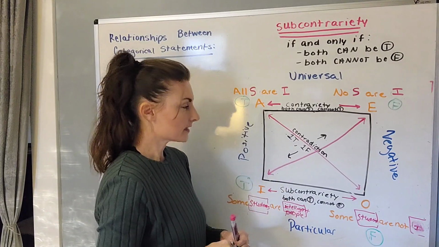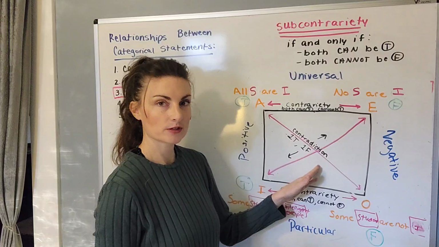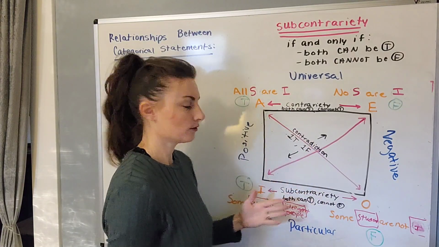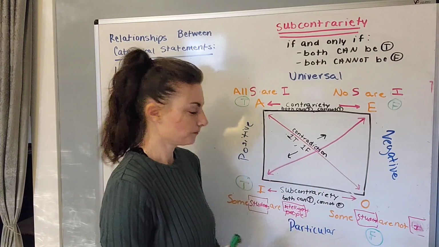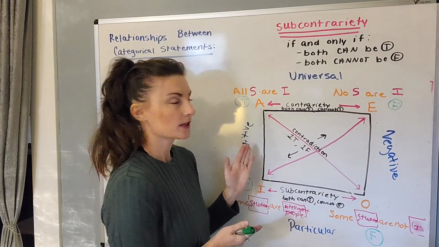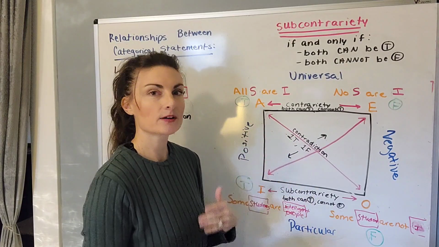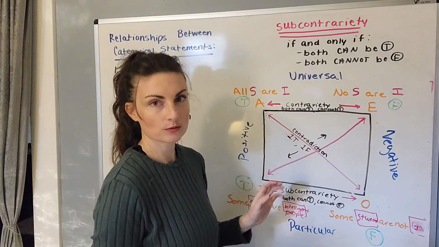That is an example of how you can use the square of opposition to determine the truth value of other statements once you know the truth value of one, or if you're testing it like we just did. So this is it in action. It's pretty cool when you can start to see how it works and why. The more you do things like this, you can start memorizing the rules too.